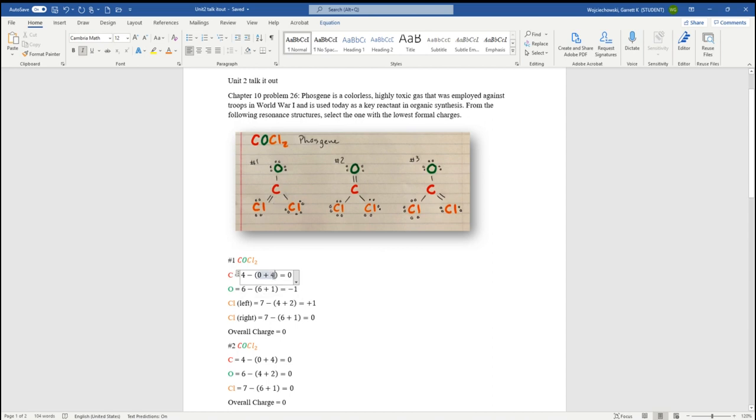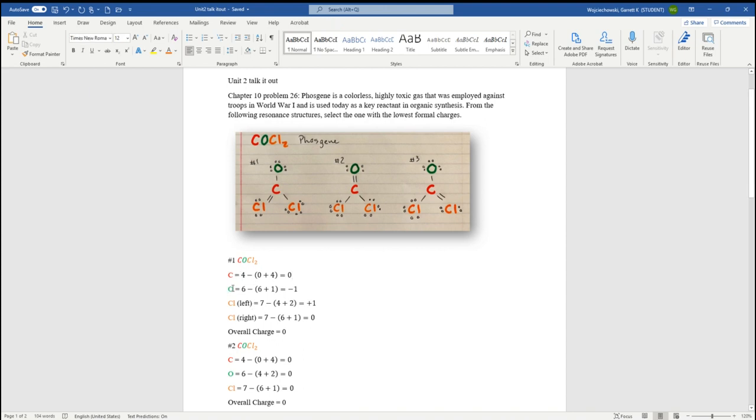However, the reason we don't put 8 electrons right here is because half of the electrons go to one element, and half go to the other that is connected to it. So for carbon, while there are 8 electrons in total, we divide that by 2 to find the amount owned by carbon. 8 divided by 2 is 4, so that's why we put a 4 right here. 0 plus 4 is 4, 4 minus 4 is 0. So now we know that the charge for carbon is 0.